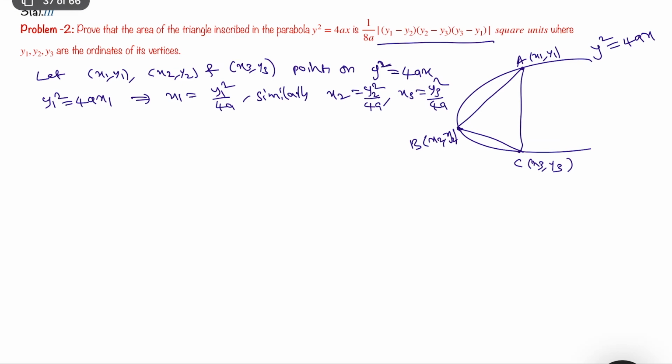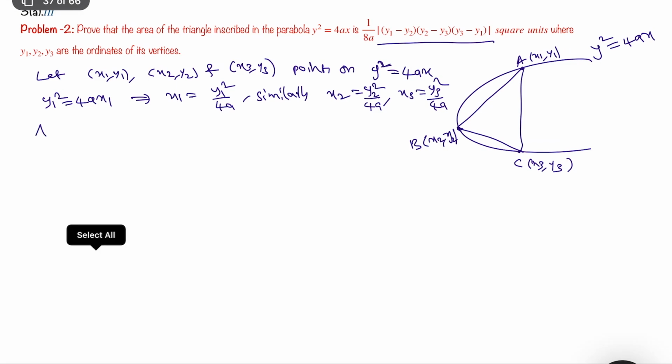Now we want to prove that the area of this triangle ABC equals 1 by 8a times modulus of (y1 minus y2) times (y2 minus y3) times (y3 minus y1). We know the area of the triangle in terms of the 3 vertices x1, y1, x2, y2, x3, y3.